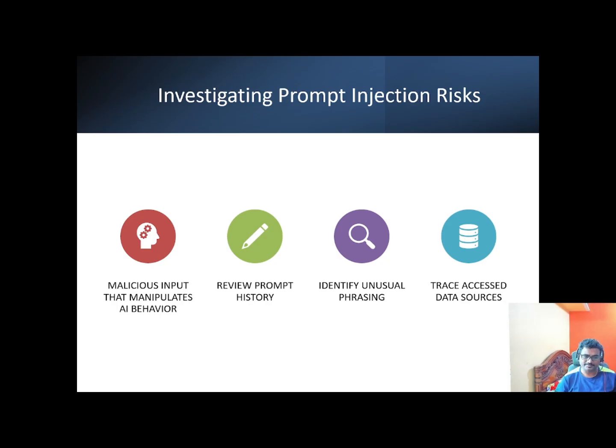Identifying unusual phrasing, is it really important? 100%. Let's say there are regular phrases which end users use for mailing systems, like automatic email creation or scheduling prompts. But you will definitely find that some unusual phrasing has come up where organization data is being exposed.